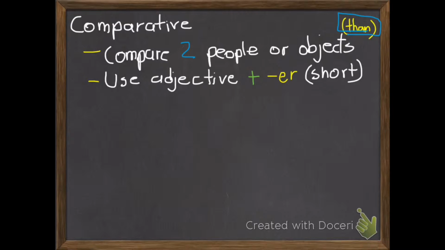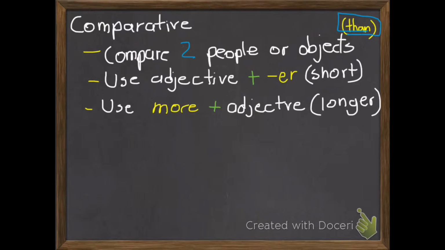And the structure is, for short adjectives, we use the adjective and then we add the -er after it. For longer adjectives, we use more and then we add the adjective after it. We don't change it like we do with the -er.